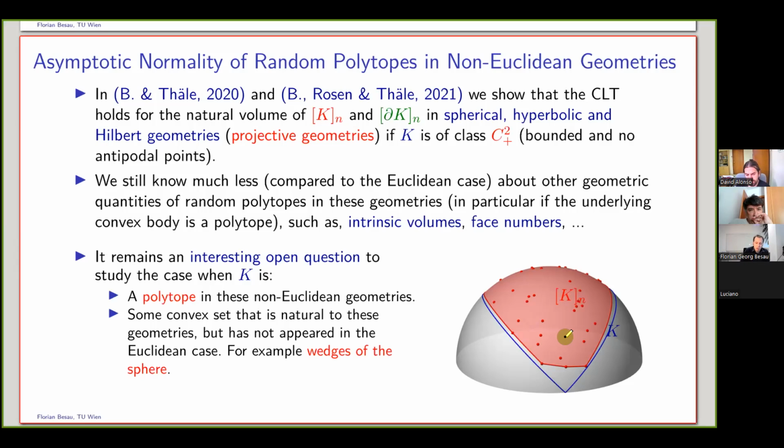So a real analytic version of our limiting formula. Something like the expectation of our d-dimensional volume in a lambda-curved space of our random polytope should be something like the lambda volume of K minus the lambda version of the affine surface area of K, times some dimensional constant, times the d-dimensional lambda volume of K over N to the 2 over d plus 1, plus some lower order terms.